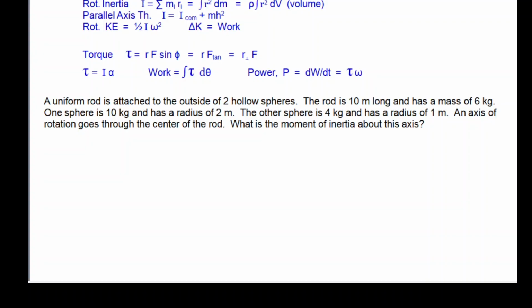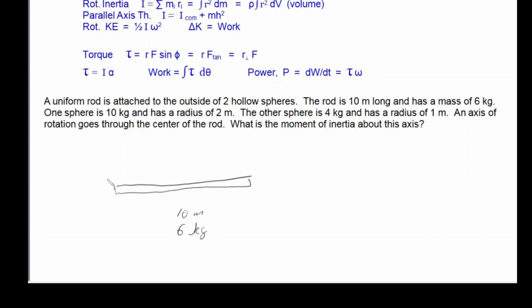Well, we're going to use the parallel axis theorem to solve this problem. Without that, it would be very hard to solve it. So let's diagram it first. So we have a rod, and this rod is 10 meters long and weighs 6 kilograms.